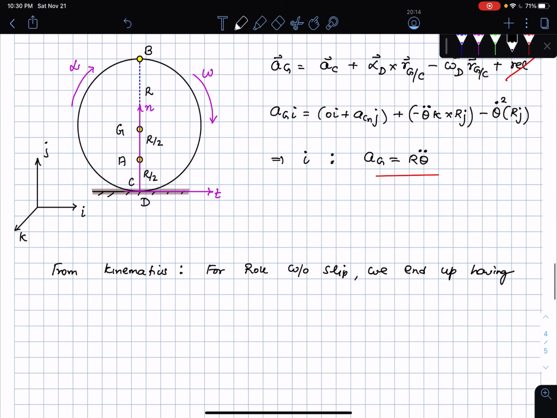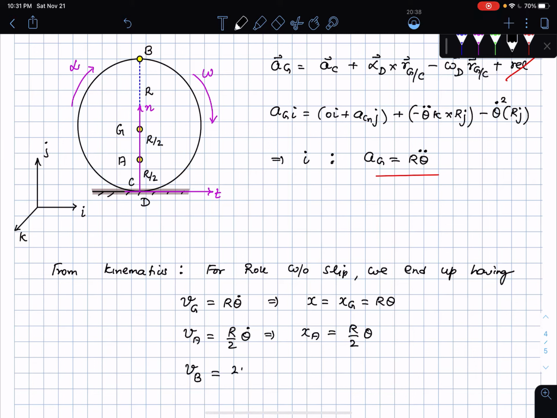having the following. Okay, we have velocity of g is r theta dot, so that x of g is r times theta, and then velocity of a is r by 2 theta dot, which means that for small motions, x of a, which is where the spring is attached, is going to be deflected by an amount r by 2 theta.